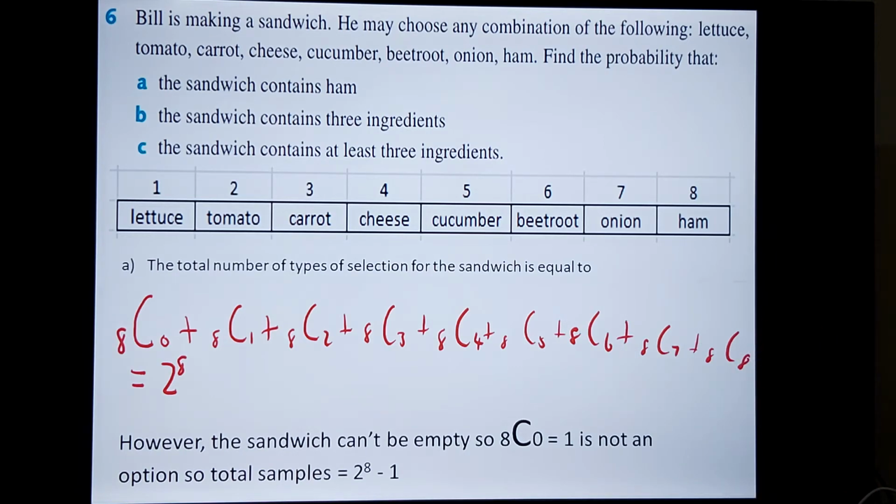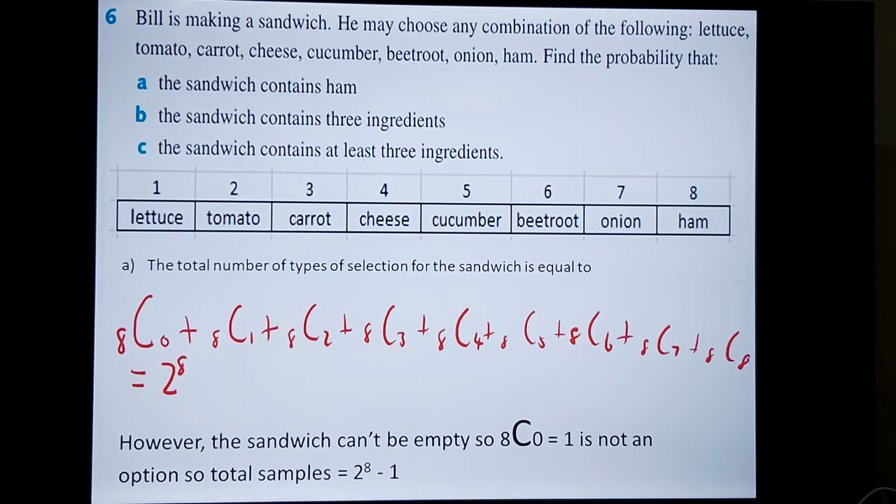Okay, the first question is the probability that the sandwich contains ham. But before we answer that, we need to find out the total number of samples possible, because that will be your denominator in order to find the probability.